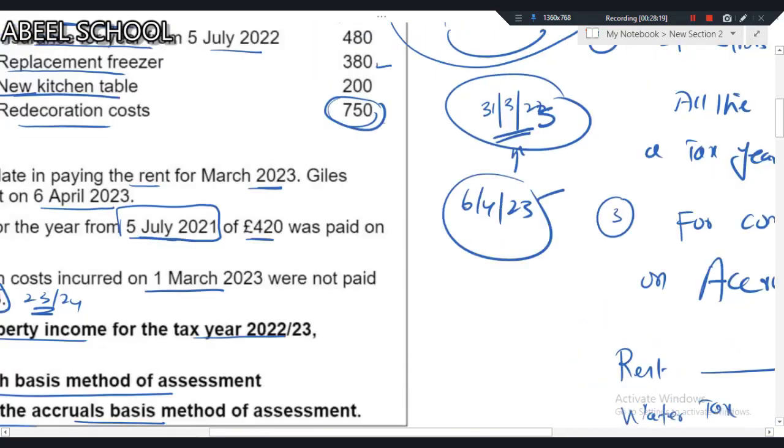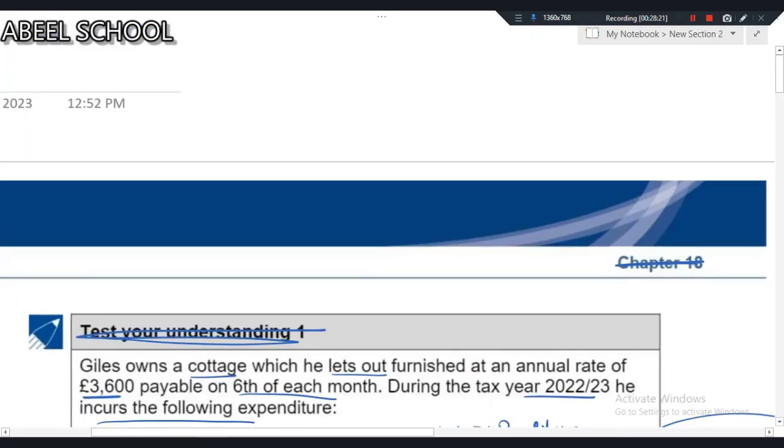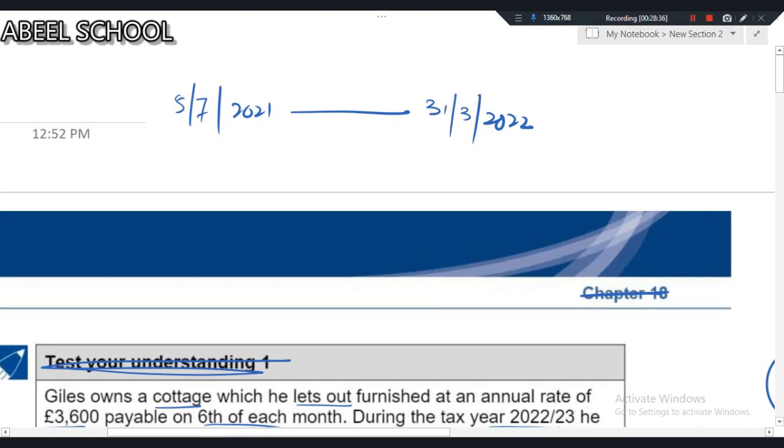Let me explain the importance of this 5th July. From 5th July 2021, if I go to 31st March 2022, obviously from here to here there are 9 months. These 9 months actually fall in the tax year 21-22.